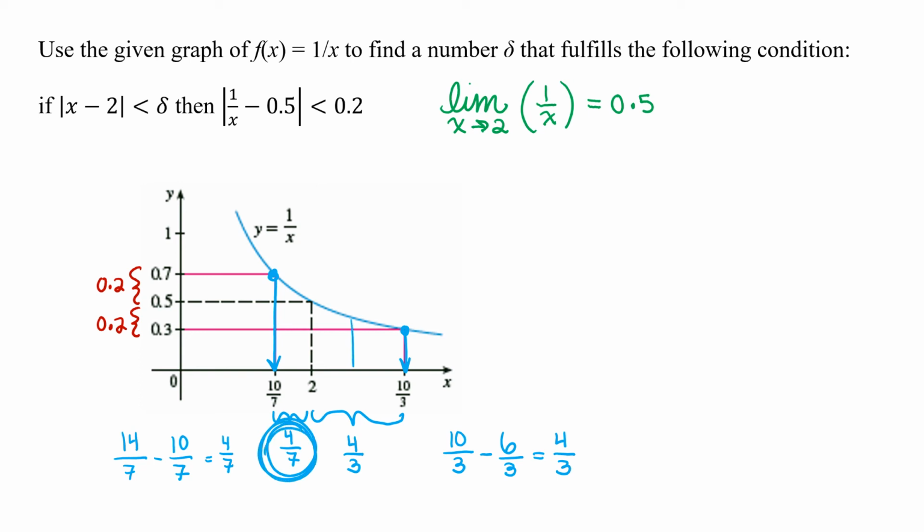Because if we have a distance of 4 over 7, we make sure we land within those bounds. But if we have a distance of 4 over 3, we might end up with an output that is not within our bounds. So the delta we want to choose is the smaller of those two, which is 4/7.